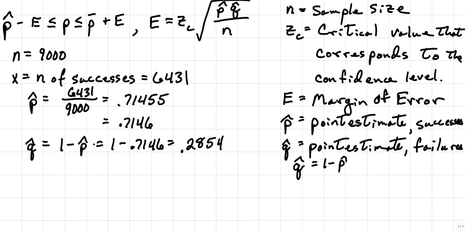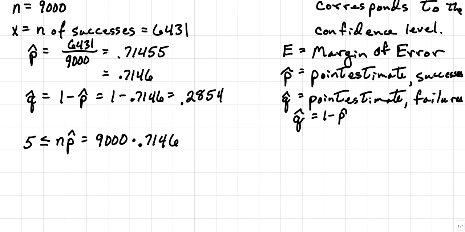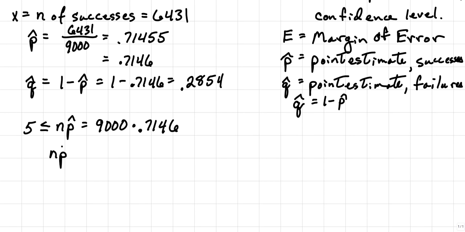And we'll have to use the fact that 5 must be less than or equal to n times p hat, which will be equal to 9,000 times 0.7146. Another way of looking at that is the fact that we could write n p hat must be greater than or equal to 5.